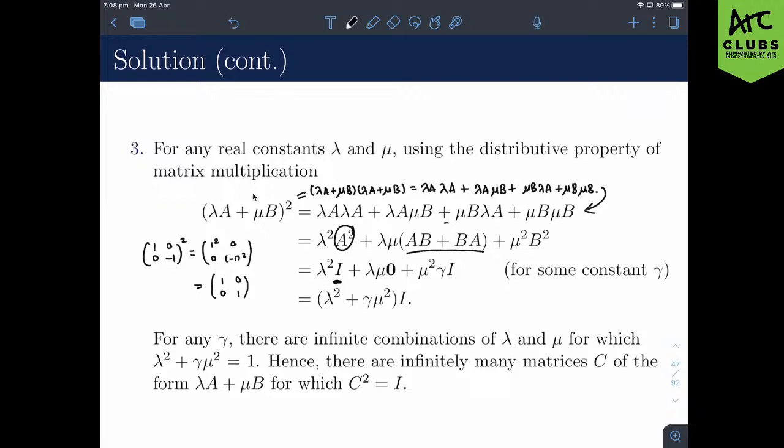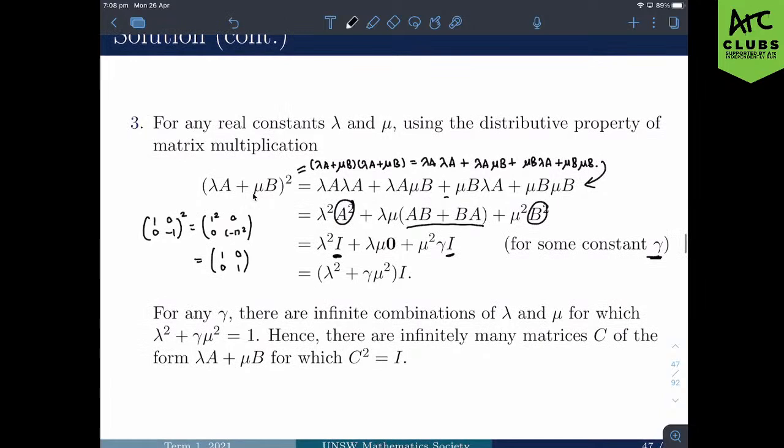And we also know that B squared from our previous question is a scalar multiple of the identity matrix. So we can express it as gamma times the identity matrix for some constant gamma.